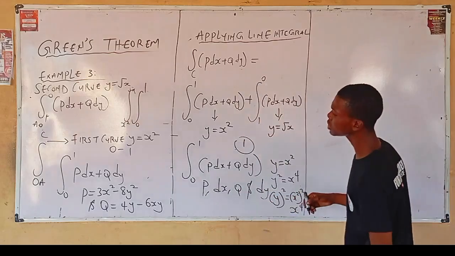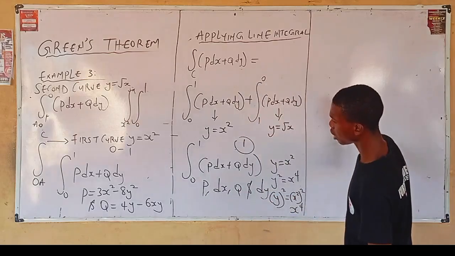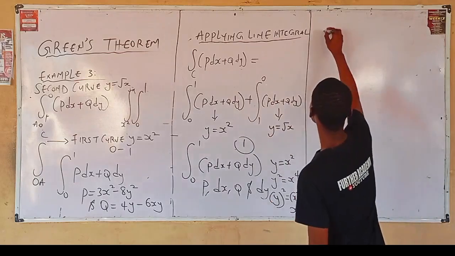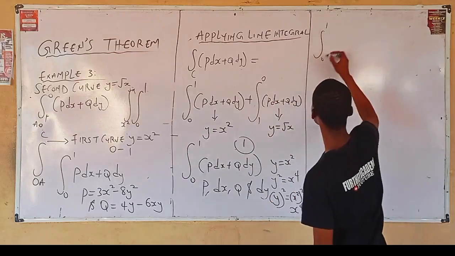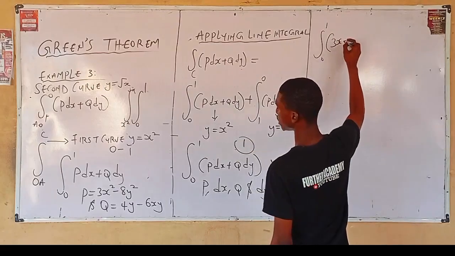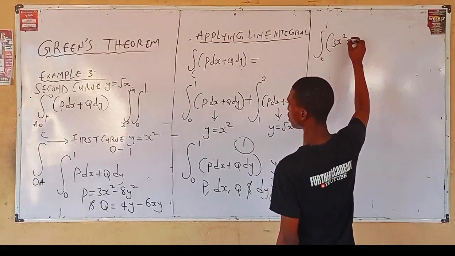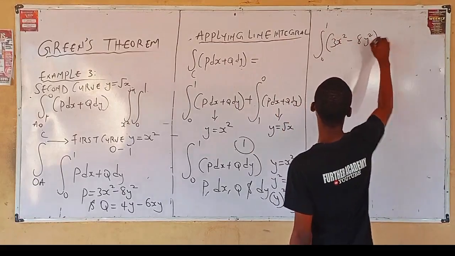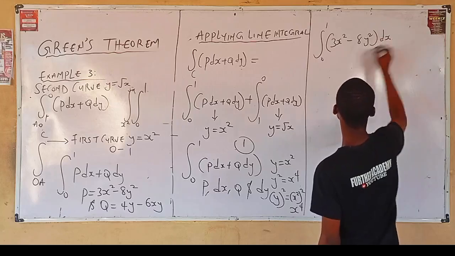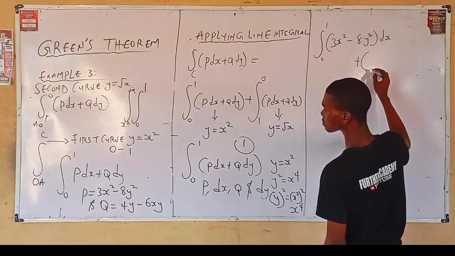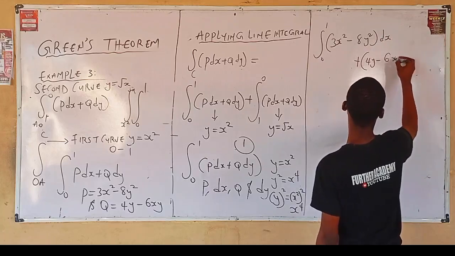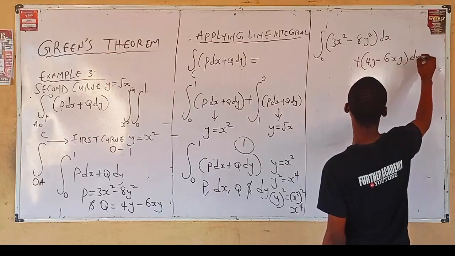Now, substituting the necessary terms, I have the integral from 0 to 1 of p, which is (3x squared minus 8y squared) dx, plus all into brackets q, which is (4y minus 6xy) dy.